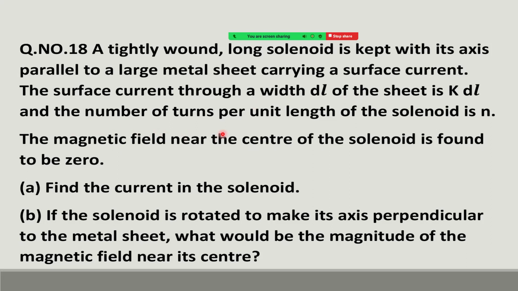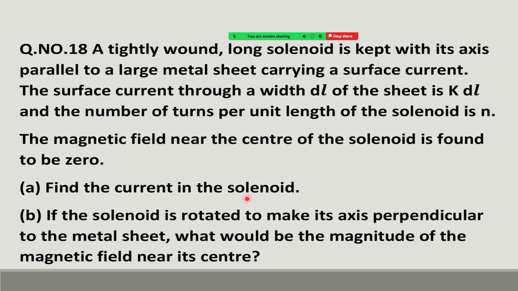And the number of turns per unit length of solenoid is small n. The magnetic field near the center of the solenoid is found to be zero. That means the field because of the solenoid and that of this surface current, both are adding to zero, right? That means both have the same modulus value, right? Find the current in the solenoid.